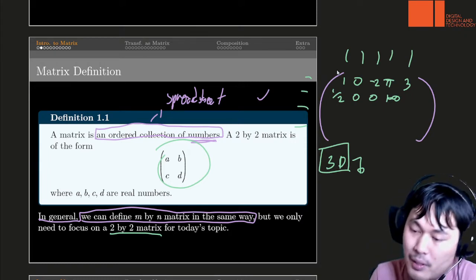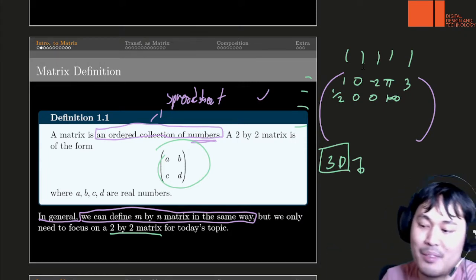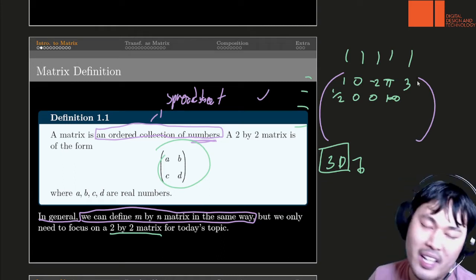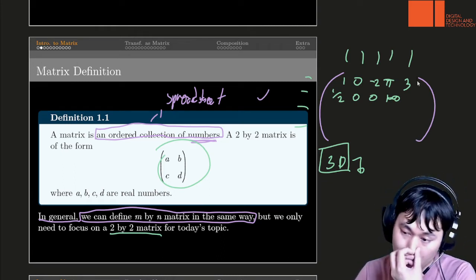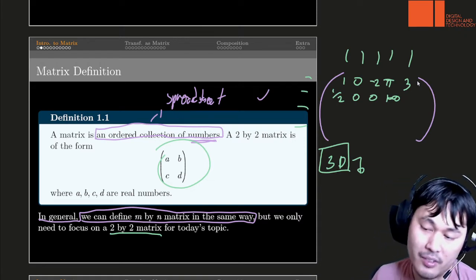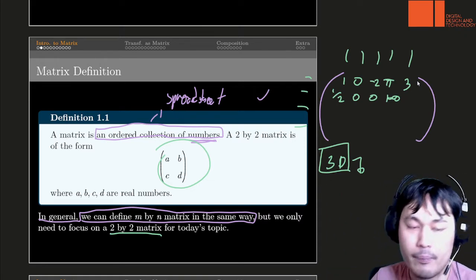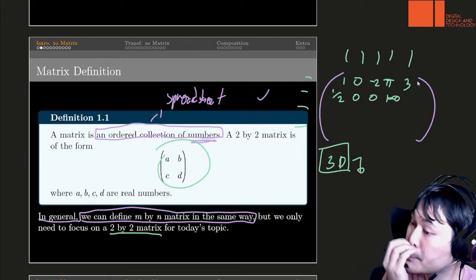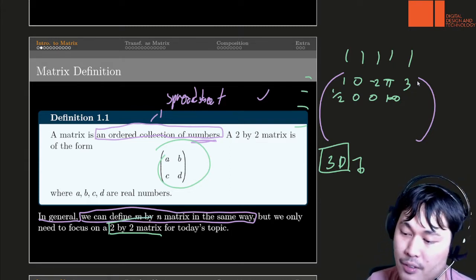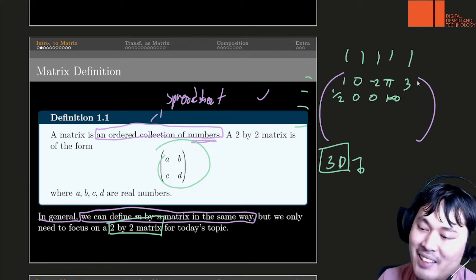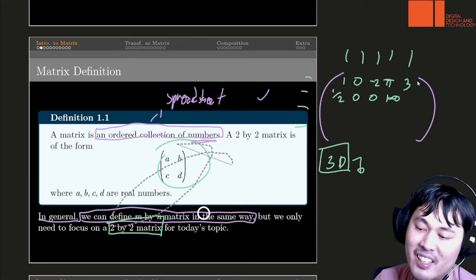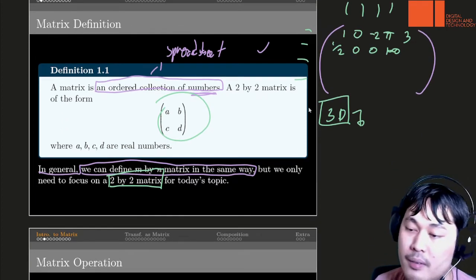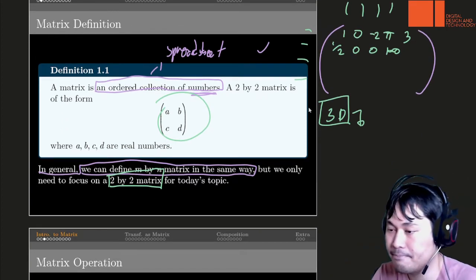That's a topic for some other time. But for now, we're going to focus on the 2x2 matrix, just to give you an idea of how we can generalize that to 3 dimensions or to a 3x3 matrix sometime later. Just keep in mind that almost everything I say here can be applied to matrices of other dimensions as well.